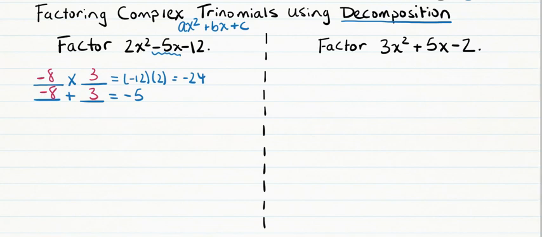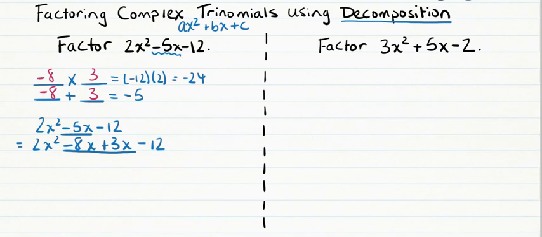So we're going to break apart this middle term into negative 8x and a positive 3x, because combined, those make negative 5x. So again, we start with 2x squared minus 5x minus 12, and we're going to replace the middle term with negative 8x plus 3x. Those come from the two numbers that we found up here. So instead of negative 5x, we now have negative 8x plus 3x, which is equivalent.